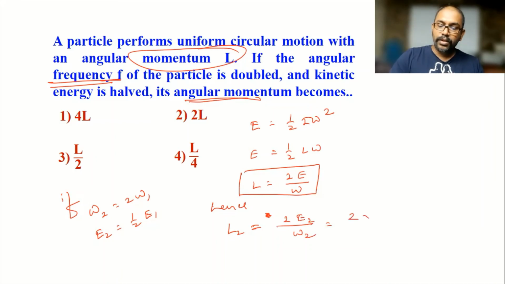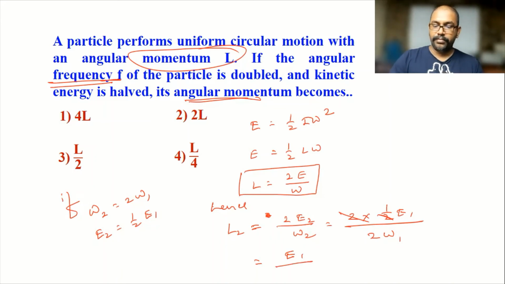So 2 into E2, which is 1 by 2 E1, divided by omega 2, which is 2 into omega 1. This 2 and this 2 get cancelled. So we can write E1 divided by 2 into omega 1. So this is L2.